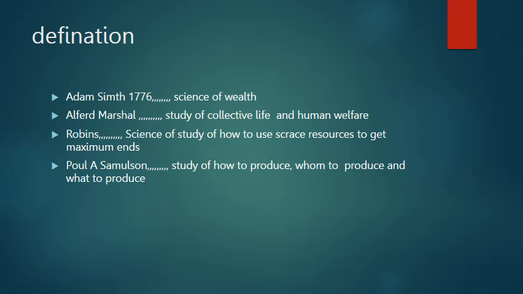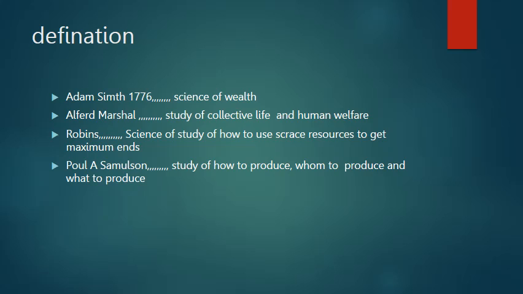The last two definitions, especially by Robbins and Paul Samuelson, both are reasonable definitions, and I recommend both of them as correct for all students. The Robbins definition is the study of how to use scarce resources to get maximum ends. It's an acceptable definition, based on a common reality of our life, and it's a scientific definition. And the last one given by Paul Samuelson is also a very reasonable definition.